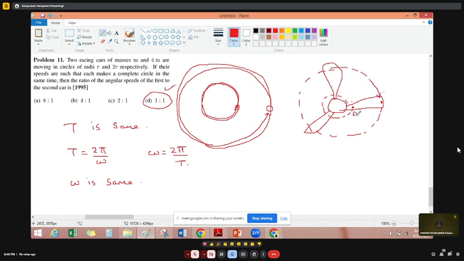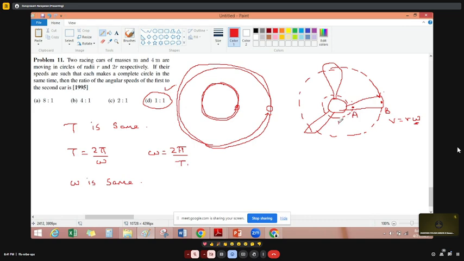That means A and B may have different linear velocities, v is equal to r omega, but the omega remains the same because it has to complete one full rotation. You cannot expect A to complete later than B or B later than A. That is not possible. The linear velocity may be higher, but the angular velocity will remain the same.